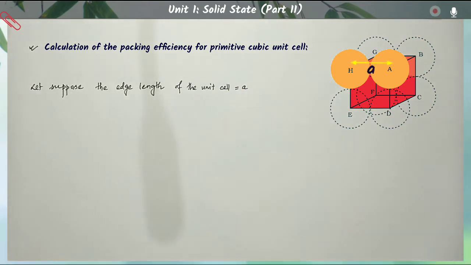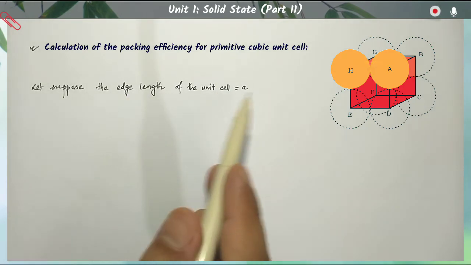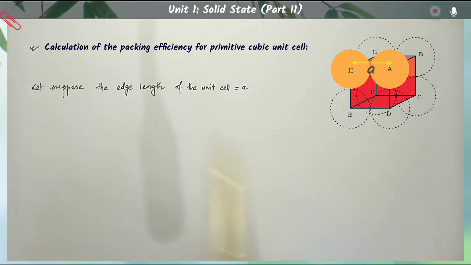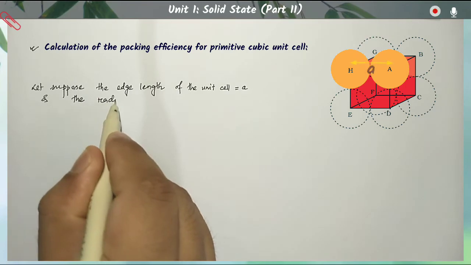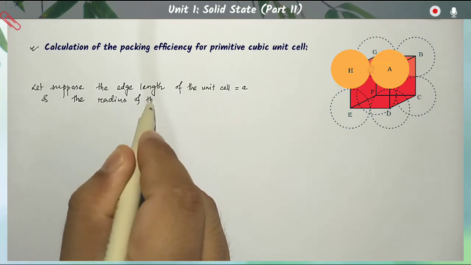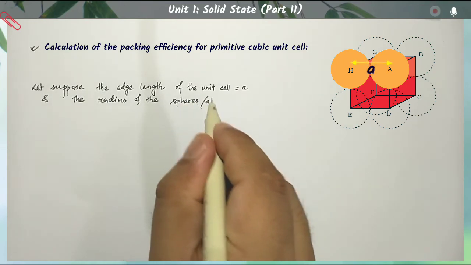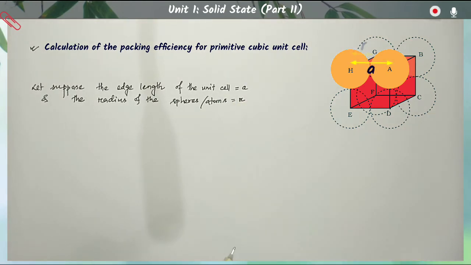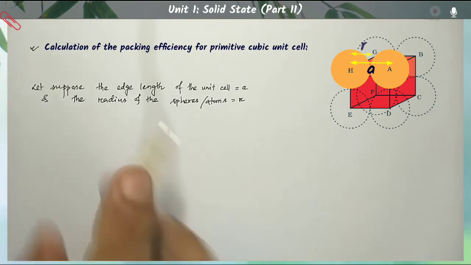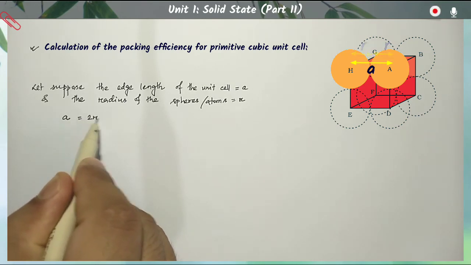As before, we suppose that the length of the edge for this unit cell is small a, and the radius of the spheres or atoms is equal to small r. Understand? If you look at this figure, because they touch each other, the value of a is equal to 2r.